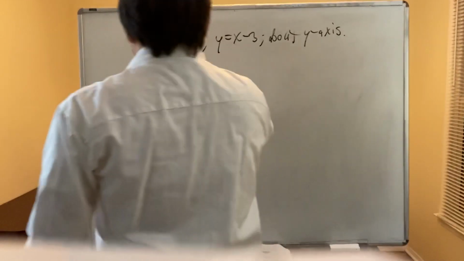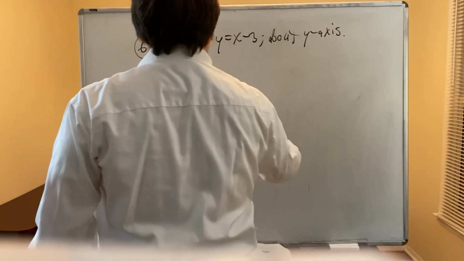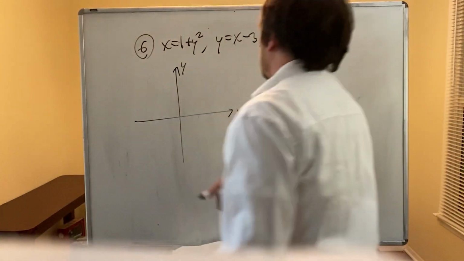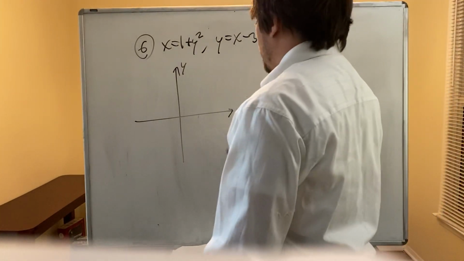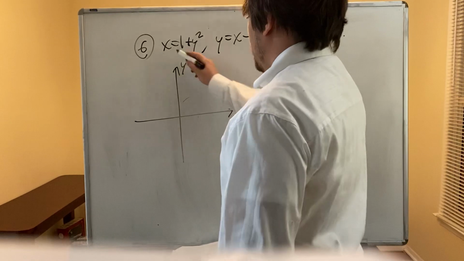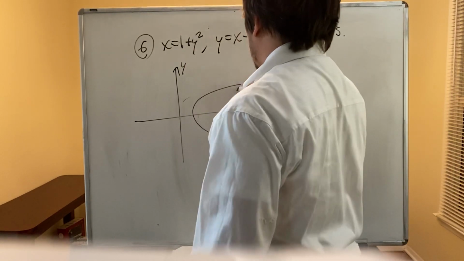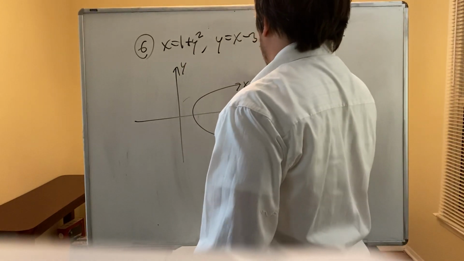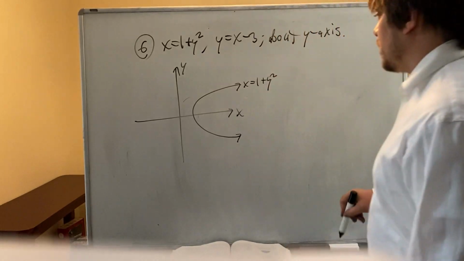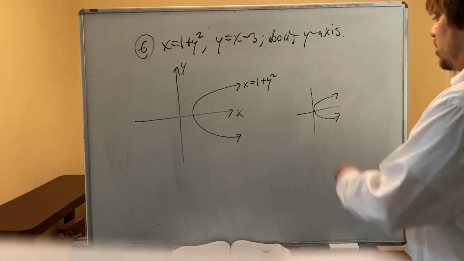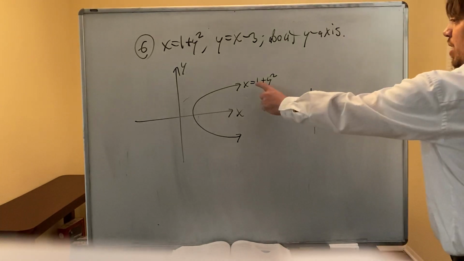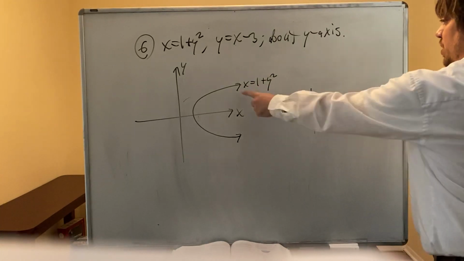Okay, so x equals 1 plus y squared. x equals y squared would look like this, and you move it to the right one. So x equals 1 plus y squared looks like that. Again, x equals y squared looks like that, and you just move it to the right one, because it's x equals.